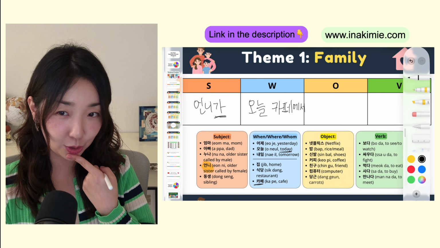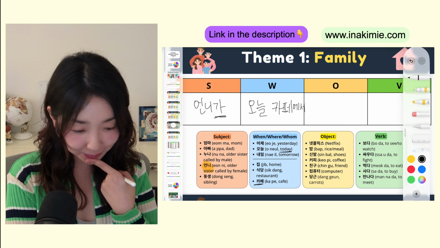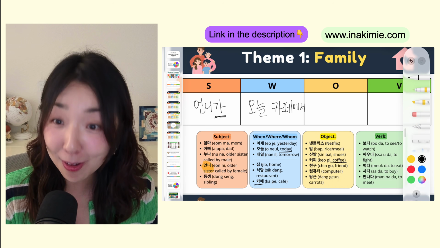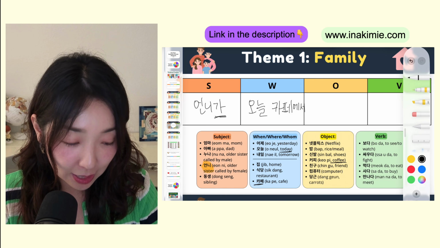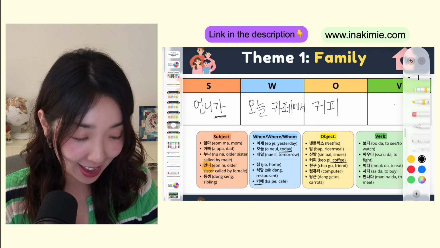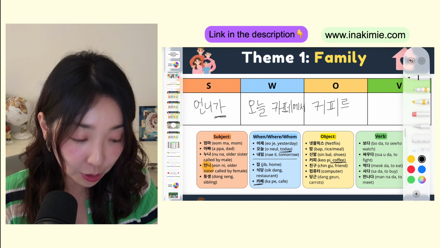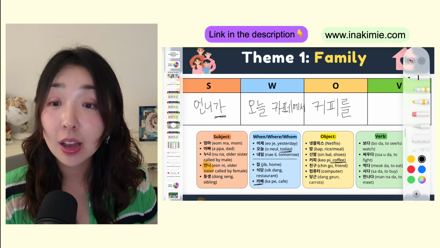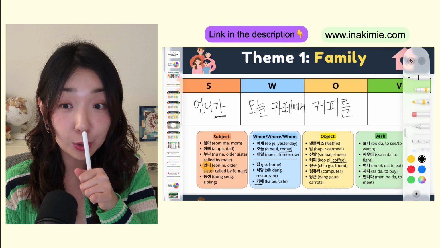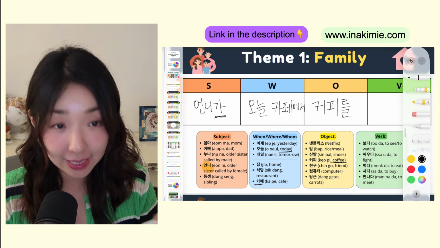What did she do at a cafe? Oh, she just drank coffee? Then we can go with that. Coffee, that's 커피, without the F sound again. And that's an object, so I'll put an object marker. 커피를.